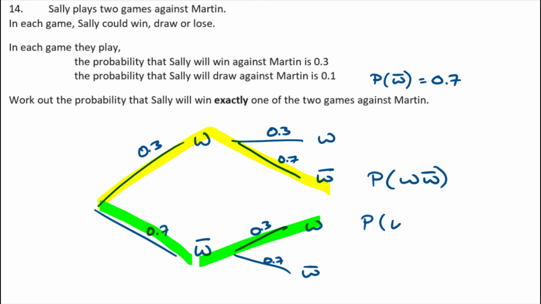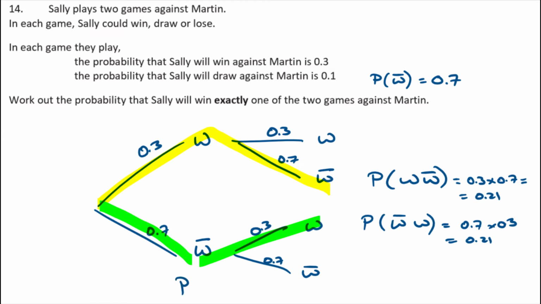Okay, so the probability of win, not win is 0.3 times 0.7, which is 0.21. And then the probability of not win, win is, well, it's going to be the same, isn't it? It's going to be 0.7 times 0.3, which is also going to be 0.21.